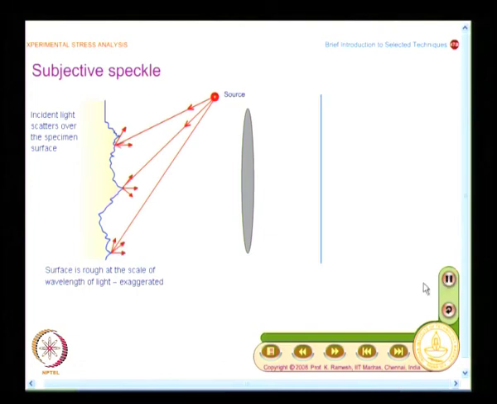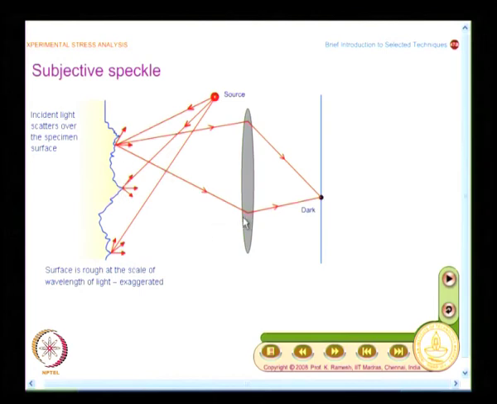Because of the lens, what happens? The key point here is, suppose I have a point on the object, it is mapped onto another point on the screen. That is what the lens does. In the case of objective speckle, this point will receive light from all points of scatter.